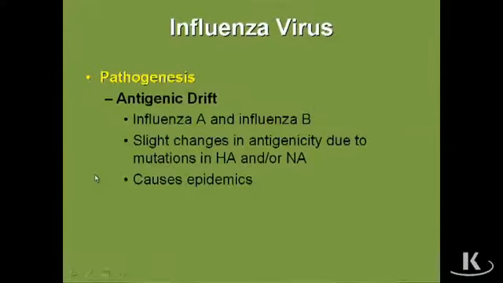Now, pathogenesis here is where we're going to talk about a little bit of viral genetics. And as far as the viral genetics are concerned, antigenic drift and antigenic shift are the most important. Antigenic drift can happen with any of the RNA viruses for this very reason. RNA polymerase does not have proofreading activity, okay?